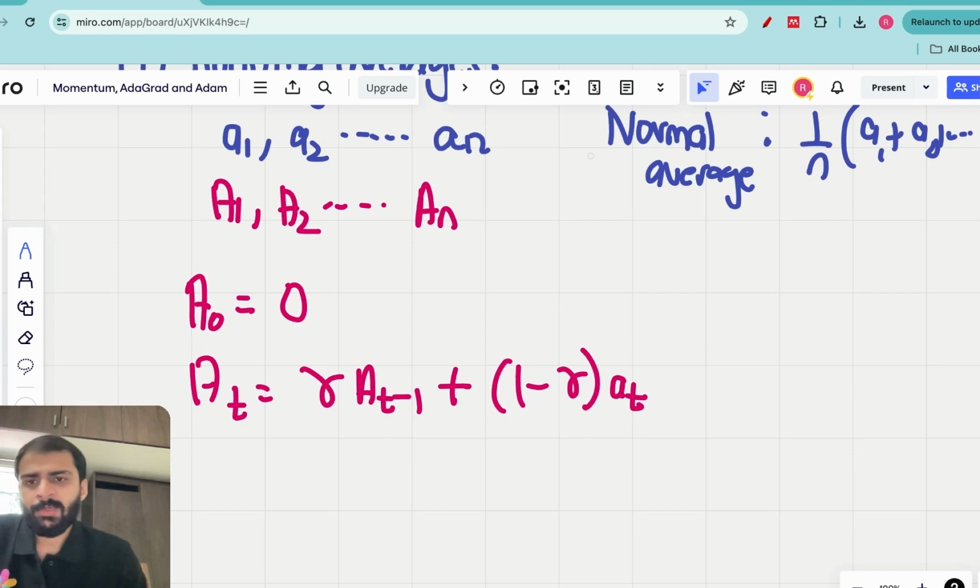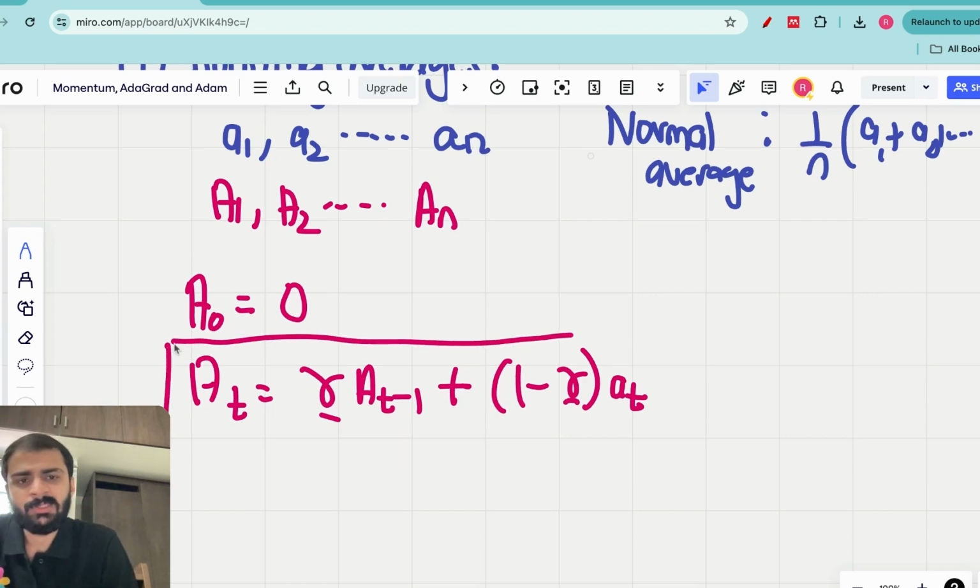You might be noticing that I'm using the terms running average and moving average interchangeably. A moving average is a sub case of running average. If gamma is also a function of time, then it's called a running average. But if gamma is fixed, which we are going to assume for the rest of this lecture, then it's called a moving average. So let us try to understand what this actually means, because this will show up.